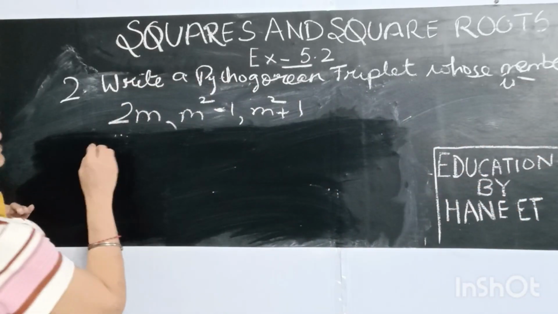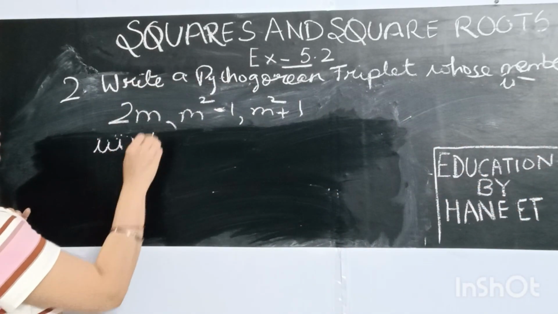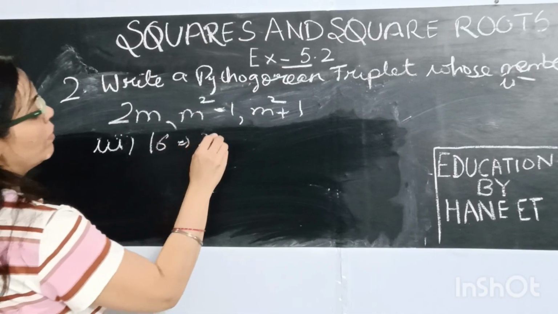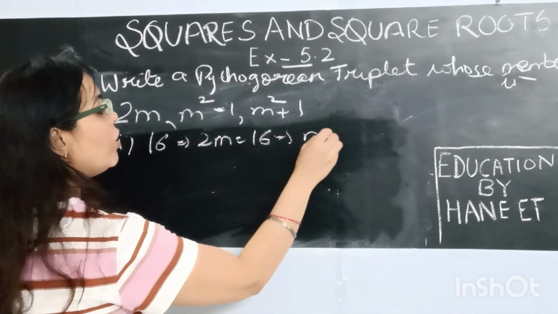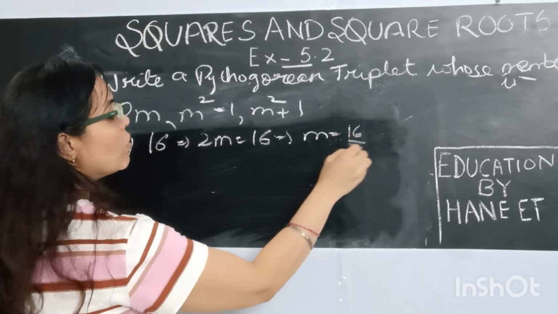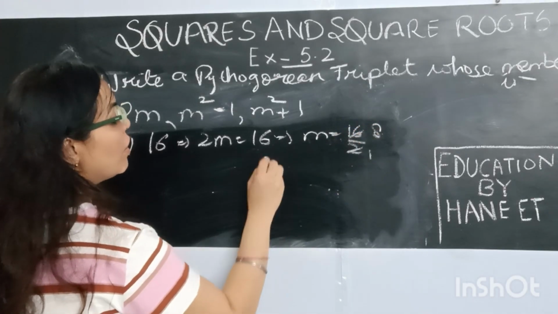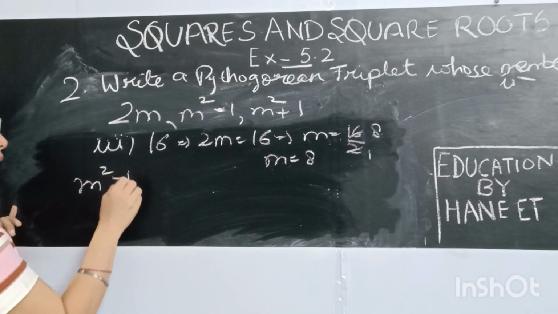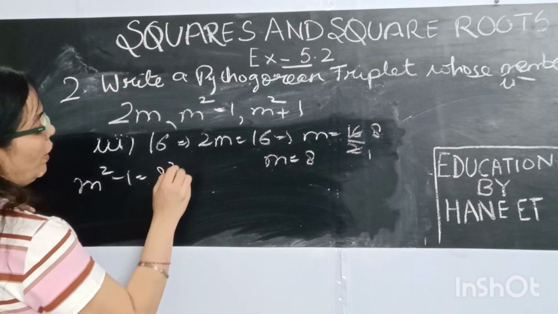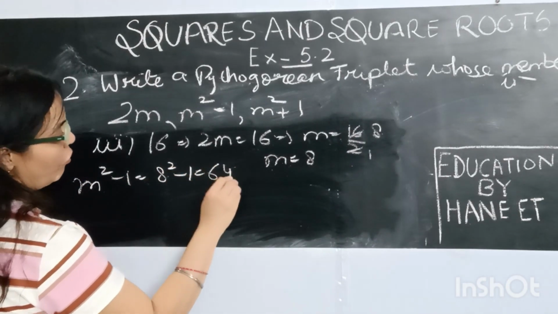Third is 16. Now let's find m. So 2m is equal to 16. m will be 16 by 2. So m is 8. Now m square minus 1. 8 square minus 1 will be 64 minus 1.